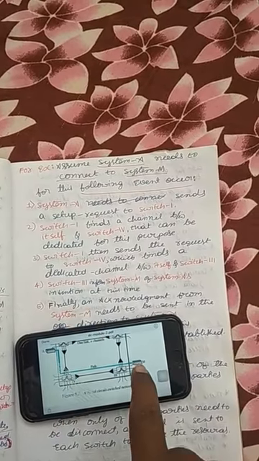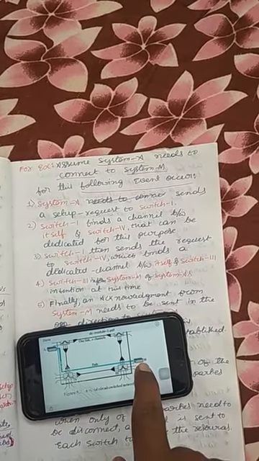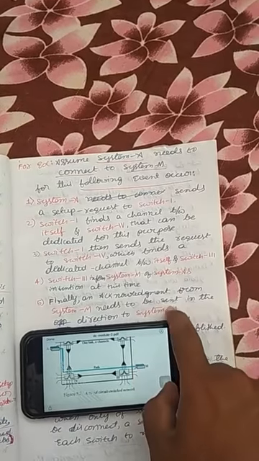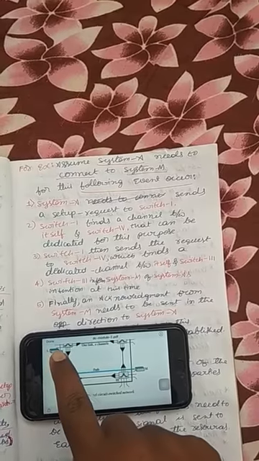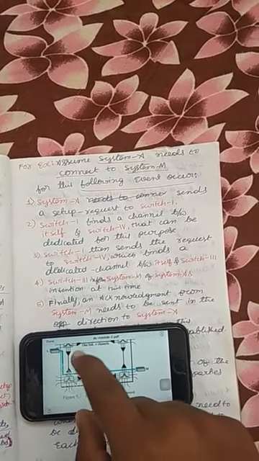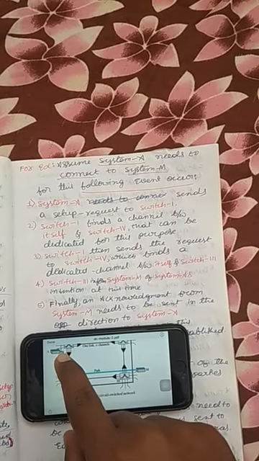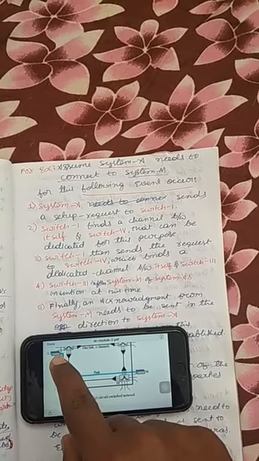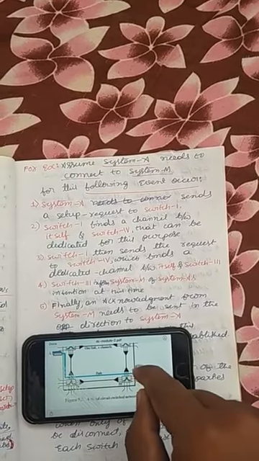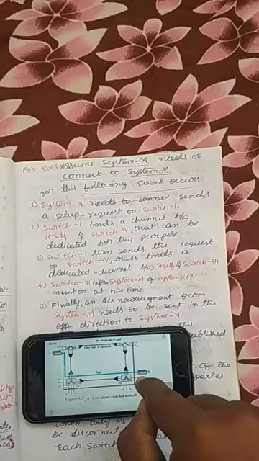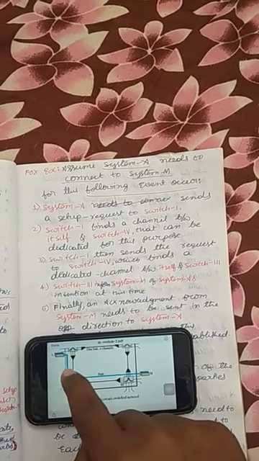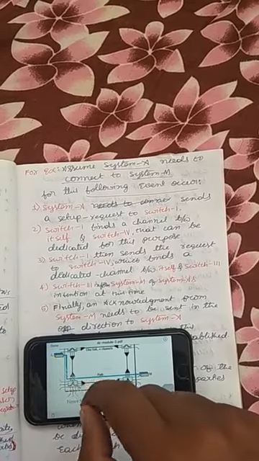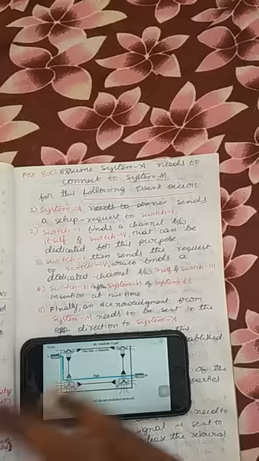Finally, M will send the acknowledgement to A. If the acknowledgement is sent to A successfully, it means the communication is established. If M fails to send the acknowledgement to A, it means the communication is not established.